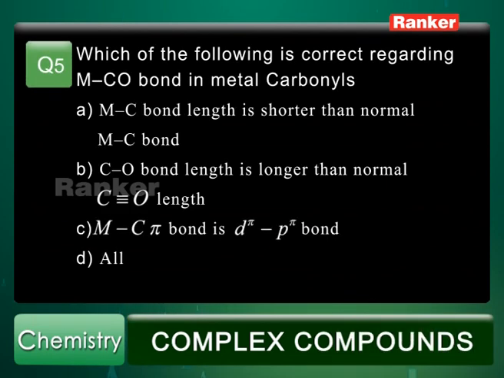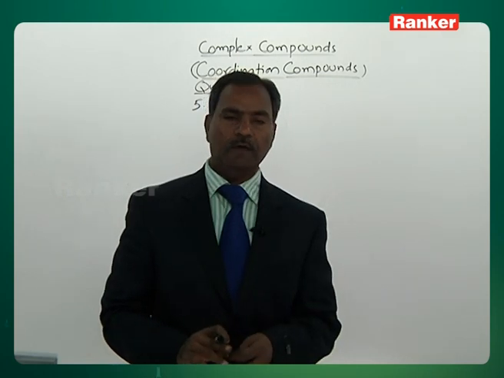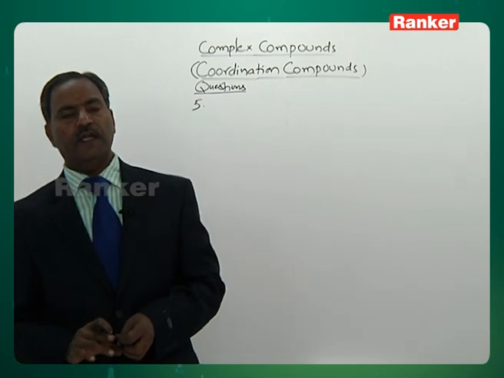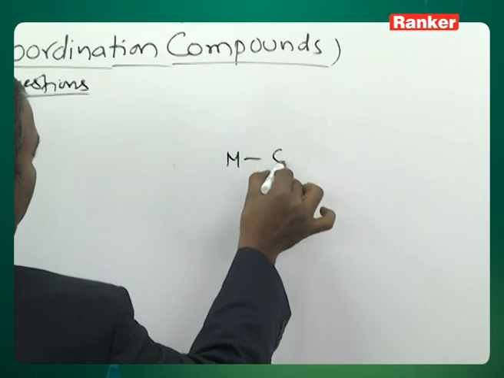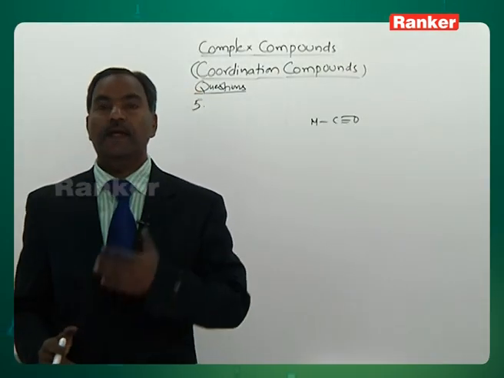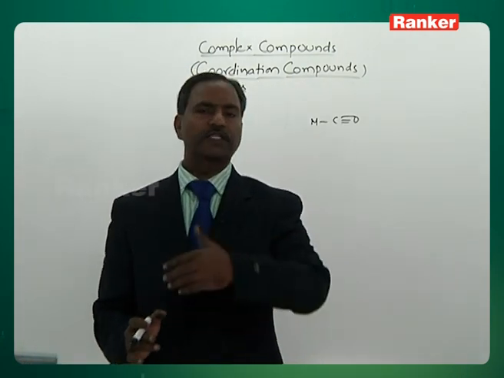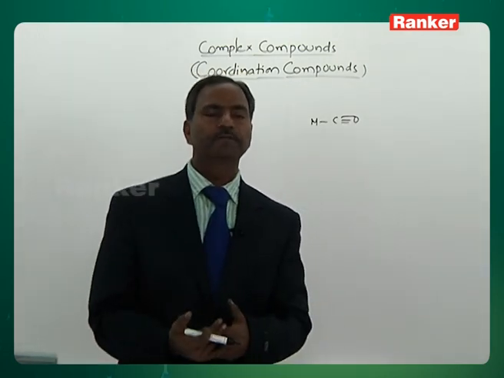Coming to question number 5. Which of the following is correct regarding the M-C-O bond in metal carbonyls? Generally we expect an M-C-O bond to be like this, because carbonyl is considered a pi accepting ligand. Recollect while giving the classification of ligands, this CO ligand acts as a pi accepting ligand.